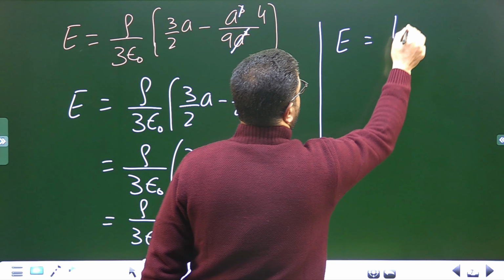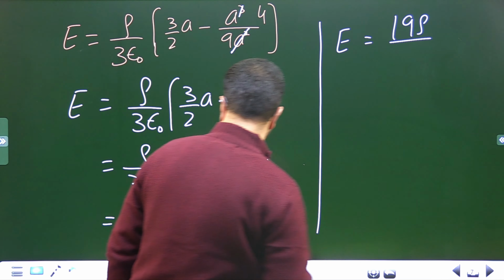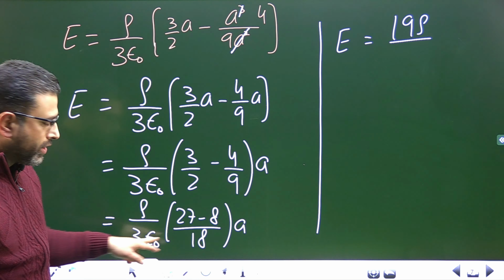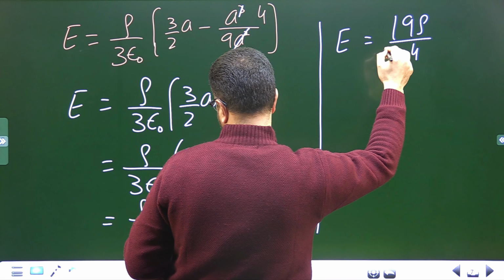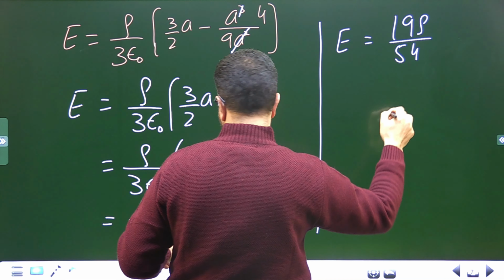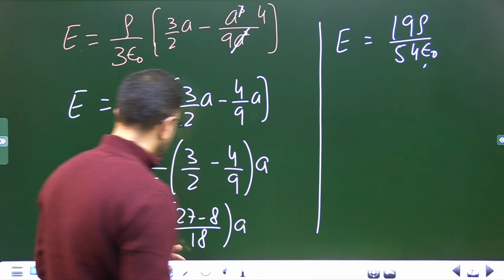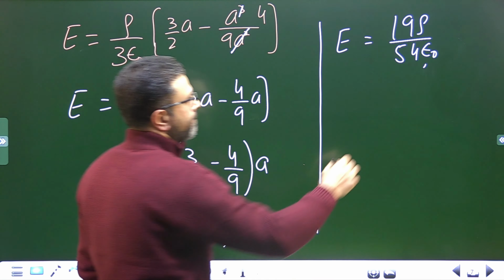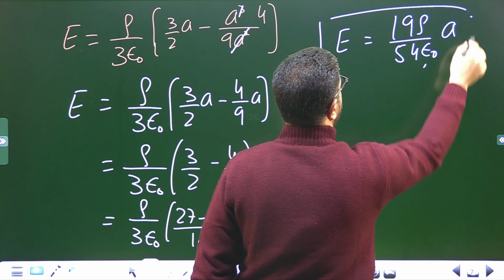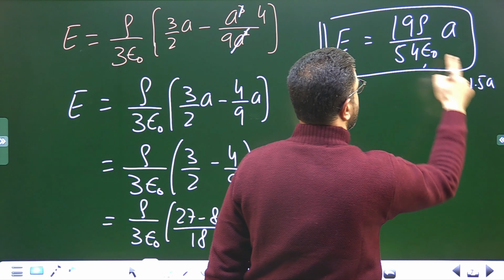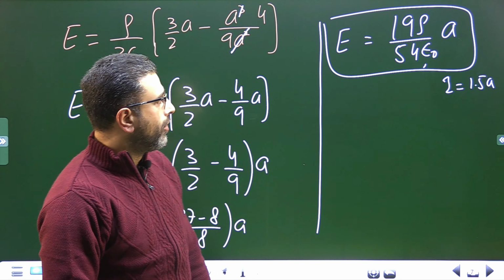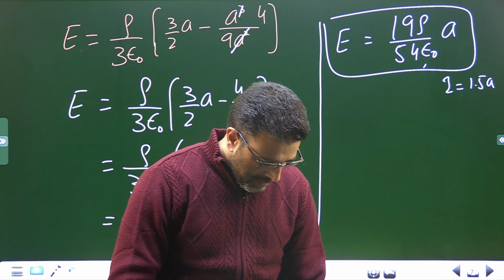So 19 rho divided by 18 into 3, which is 54, epsilon 0 is there, then this A. So at R equal to 1.5 times A, the field is 19 rho divided by 54 epsilon 0 A.